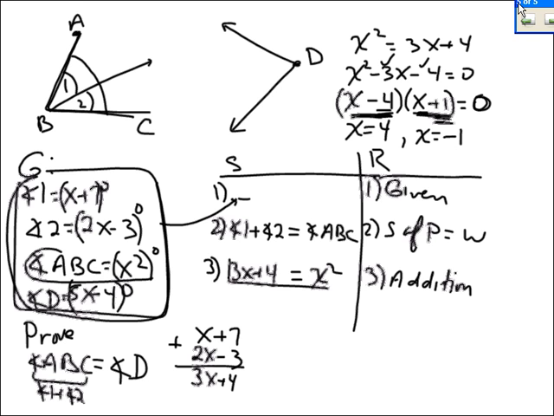Now, it might be that they make no sense. For example, if x is 4, then angle 1 would be 4 plus 7 or 11 degrees. That makes sense because it's positive. If you double 4, you get 8. You take away 3, you get 5.